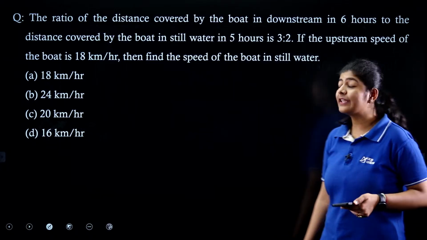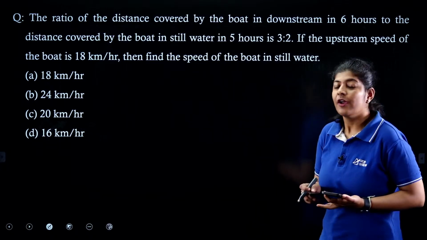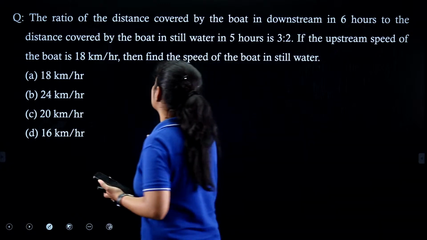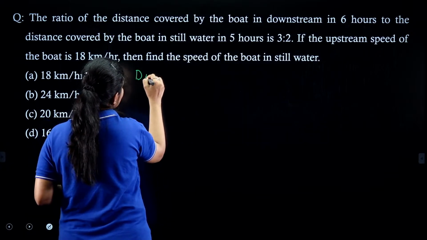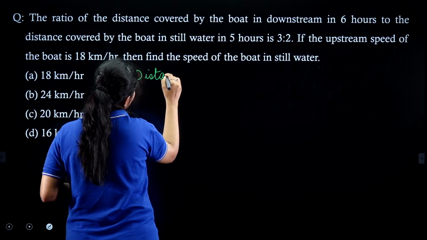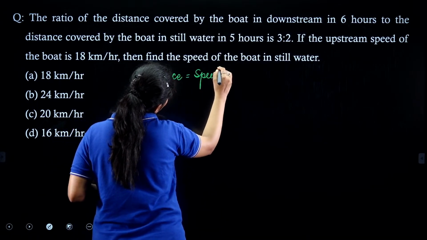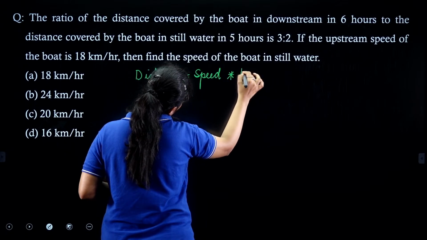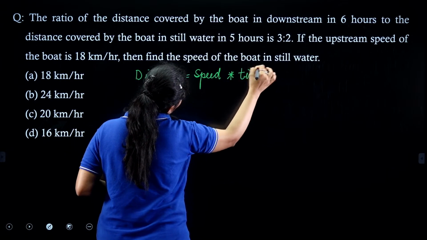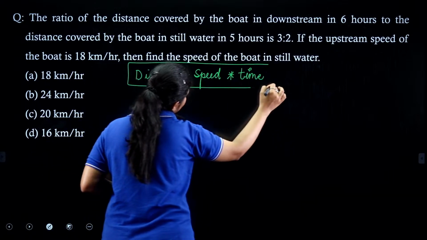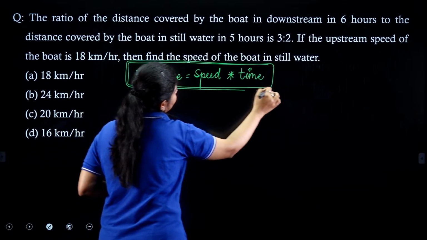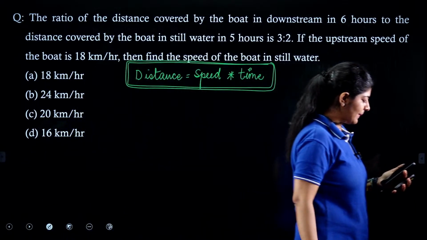Again, this is a very easy question. We need to use a formula which says that distance equals speed multiplied by time. We only need this formula to get the answer. What answer are we getting?